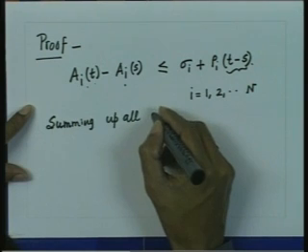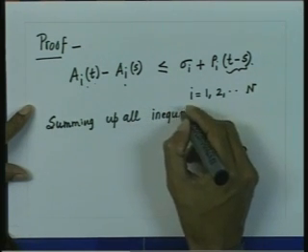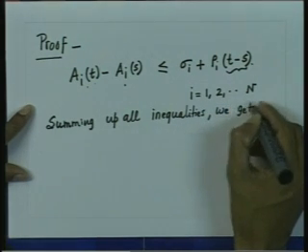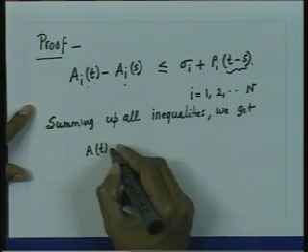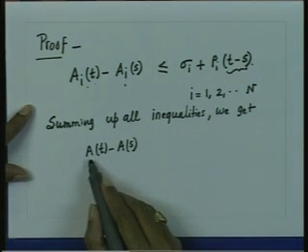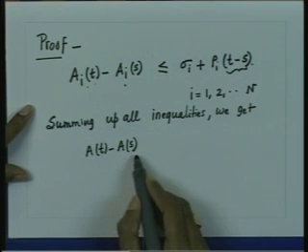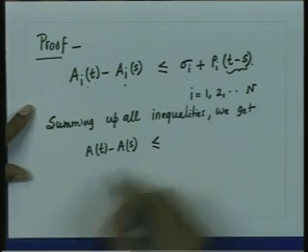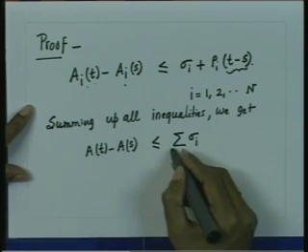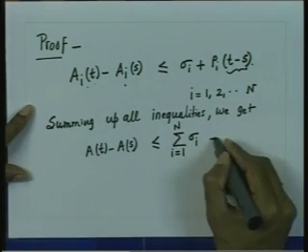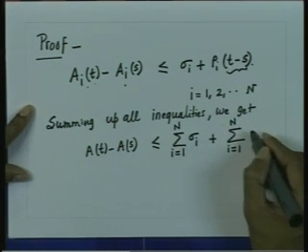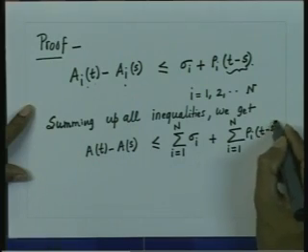Then we get A(t) minus A(s), that is the number of bits transmitted during the interval t to s at the output of the multiplexer, will be less than or equal to the summation of sigma_i for i equal to 1 to n plus the summation of rho_i for i equal to 1 to n, times t minus s.